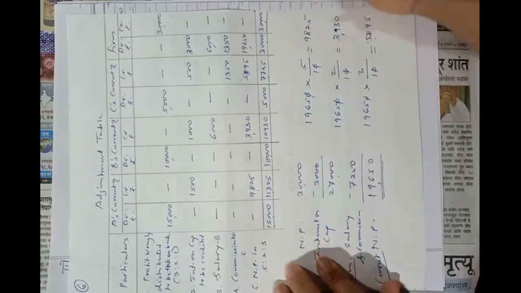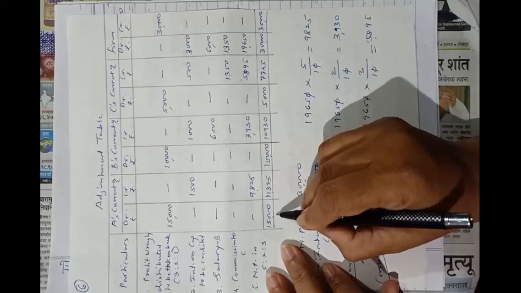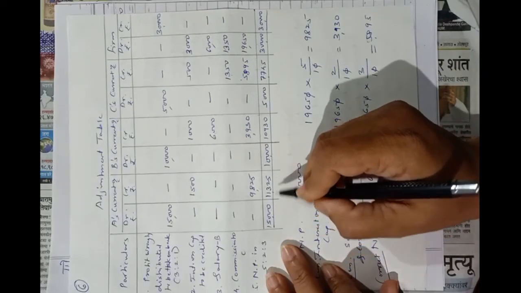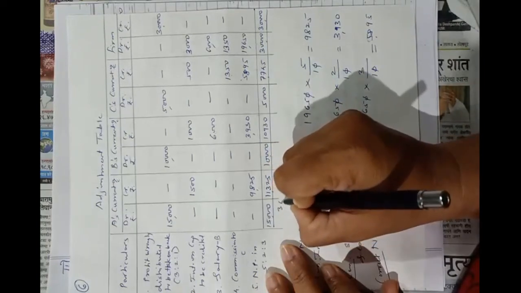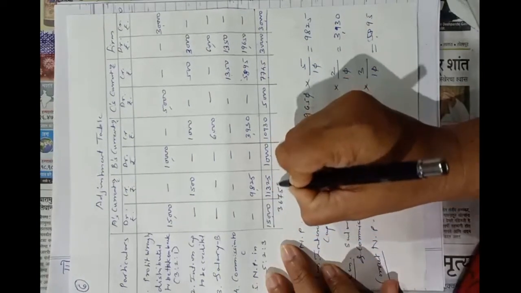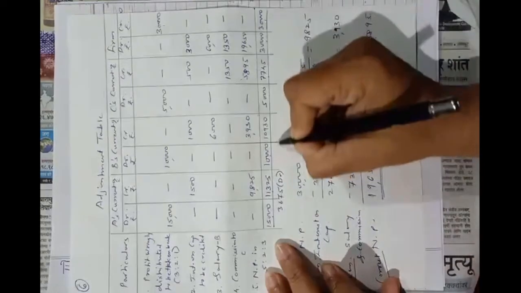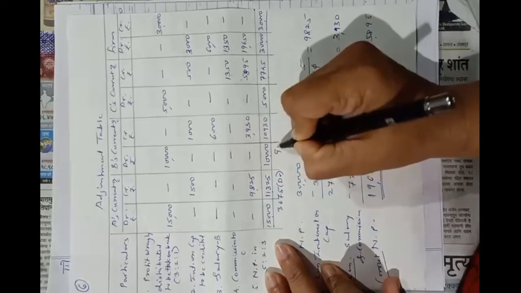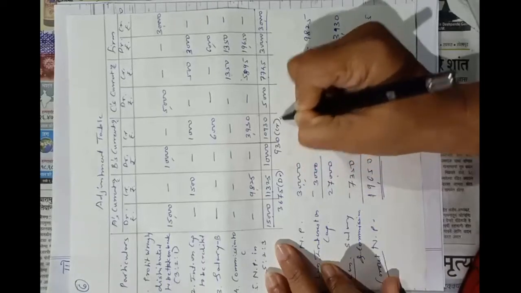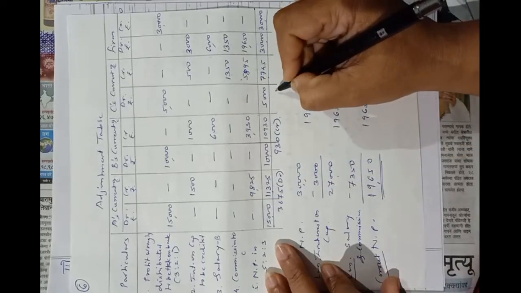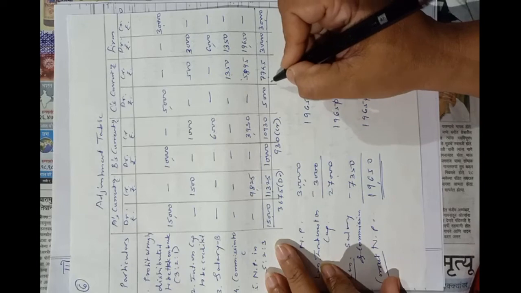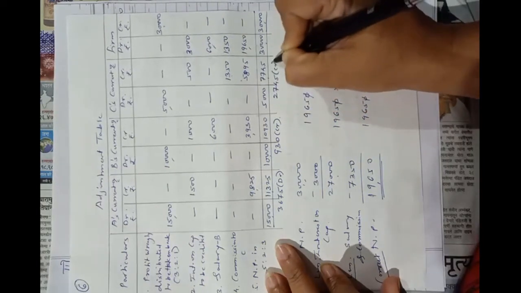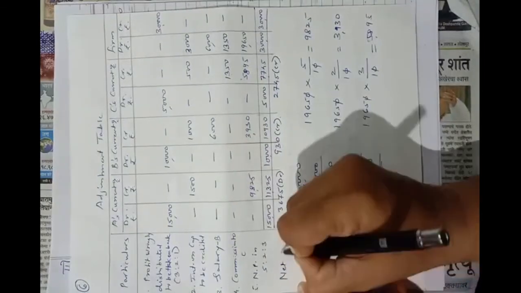Now here the debit total is more, and the difference between 15,000 and 11,325 is 3675 debit. Here 930 rupees credit. Here 2745 credit. This is the net effect.